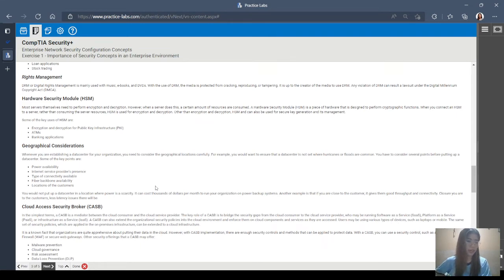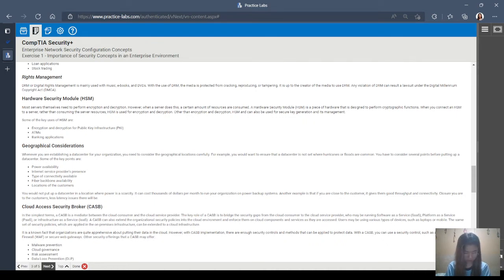When you connect an HSM to a server, rather than consuming the server's resources, the HSM is used for encryption and decryption.